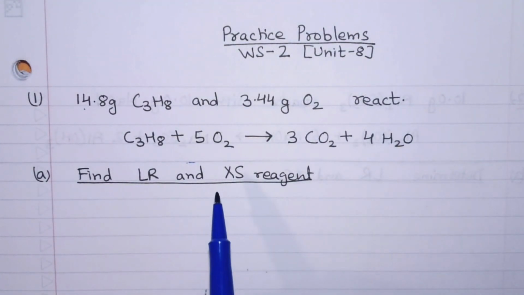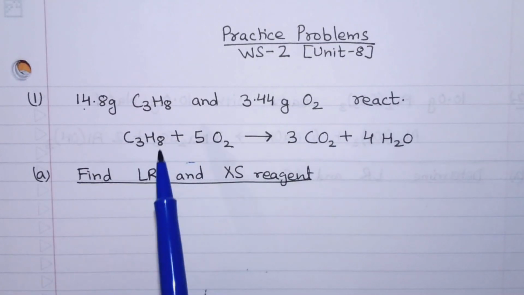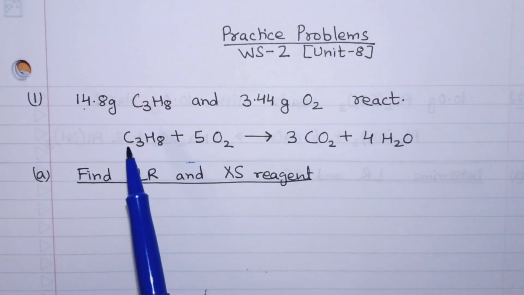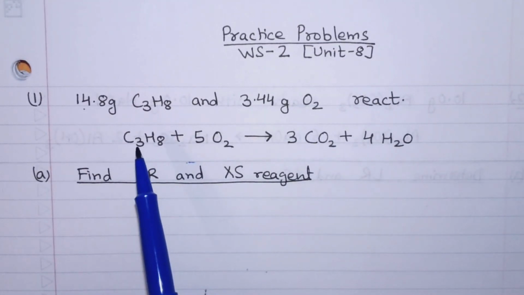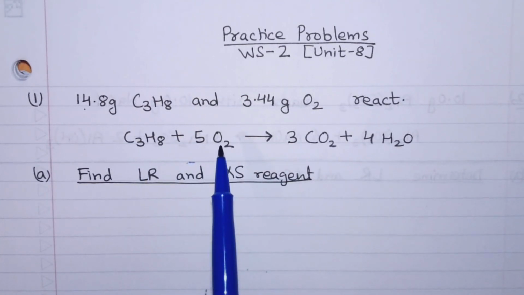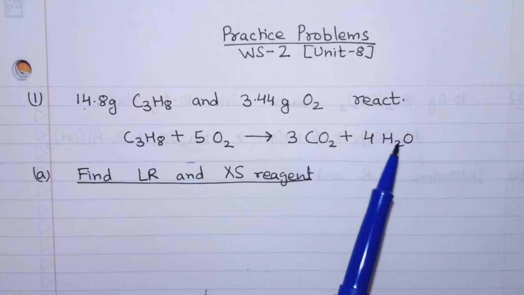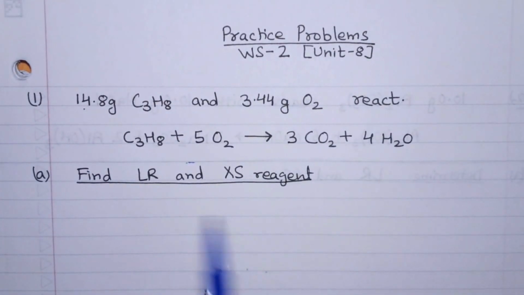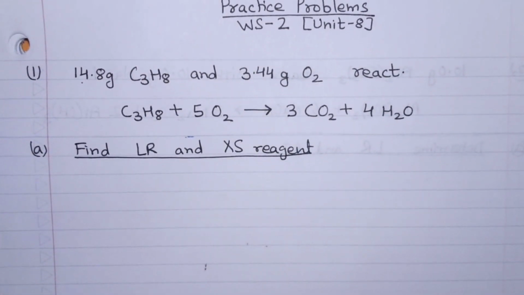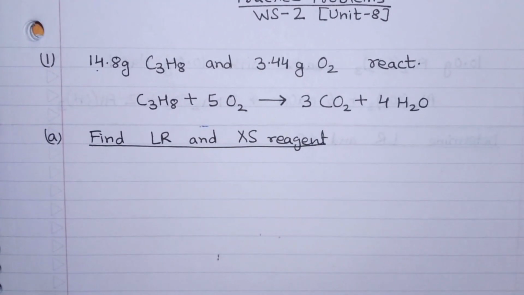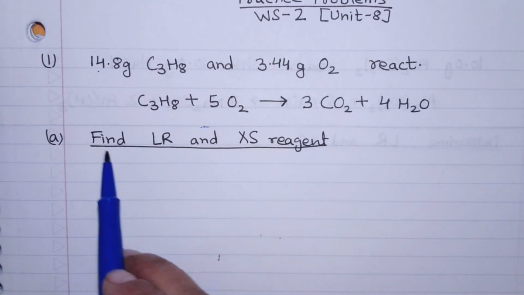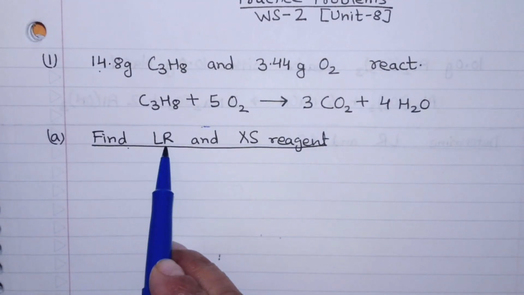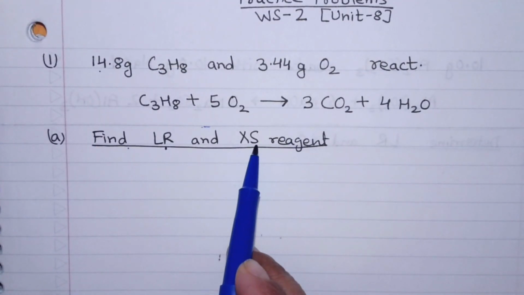So I already have calculated the molar masses of all the things that we need for this question. We need the molar mass of C3H8, we need the molar mass of oxygen, and we need the molar mass of water. Okay, so you can calculate those and then we can start the problem. Okay, so first step is find the limiting reagent and the excess reagent.